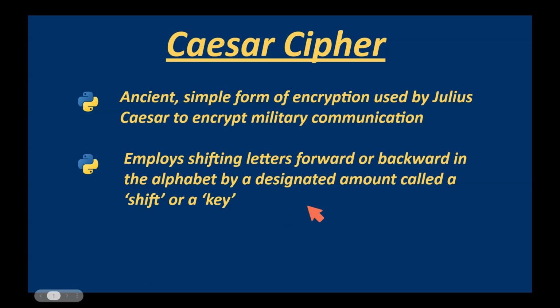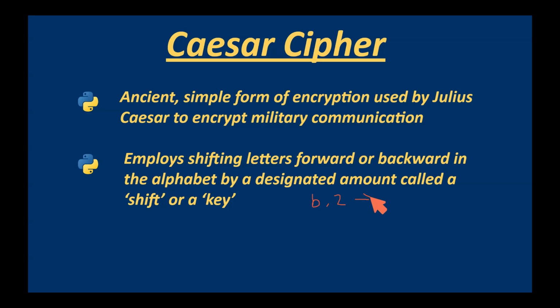And here's a little idea where it's like, let's say you have the letter B, and then you have a shift of 2. You move B 2 letters forward in the alphabet.